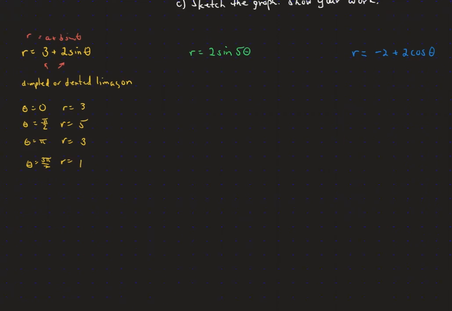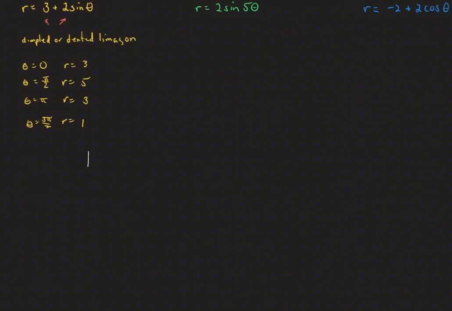So I'm going to slide this up for the graph. So at angle 0, we're going to be at 3. And so I'm going to label that with x and y coordinates, 3, 0. At pi over 2, we're going to be at 5. 1, 2, 3, 4, 5. I have to extend that a little bit.